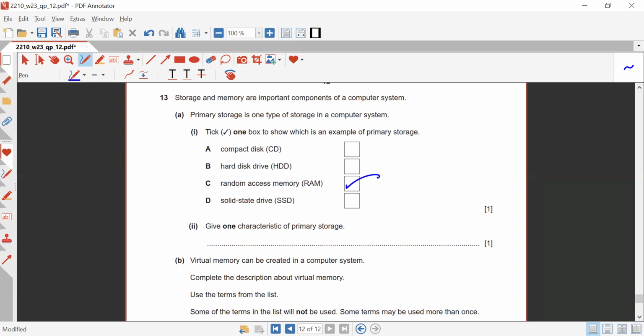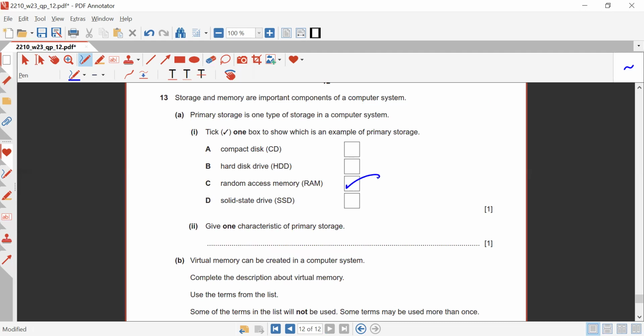So we will take up the RAM. Give one characteristic of the primary memory. Considering RAM, it is volatile, but considering ROM, which is primary memory as well, it is non-volatile. So you can write that it has both volatile and non-volatile storage.